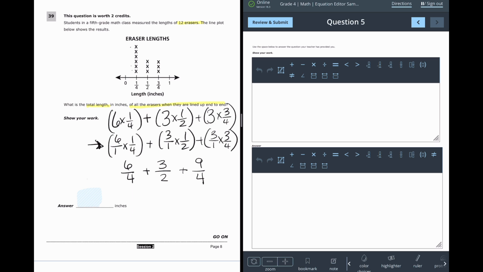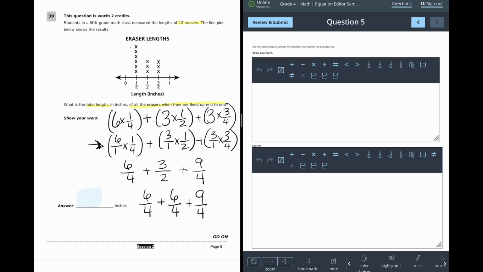So far, so good. I still want that 3/2. I do want to change it to be fourths. So I'm going to change that to 6/4, because all I did in my head was to do times 2 to get 4 and times 2. That's all I did.